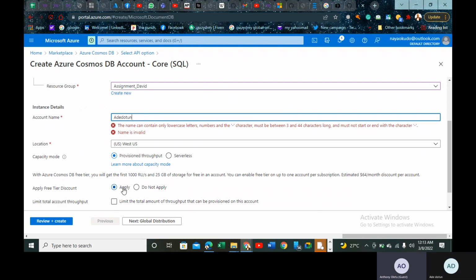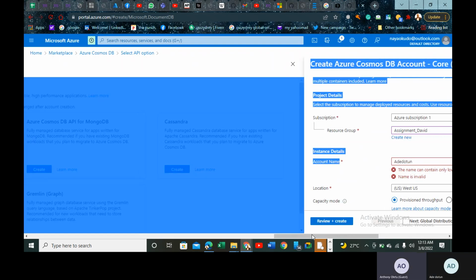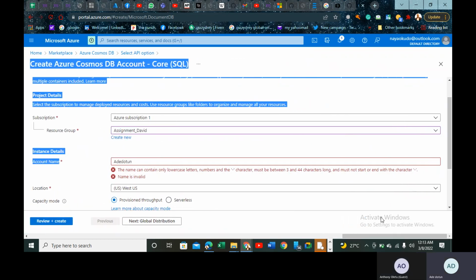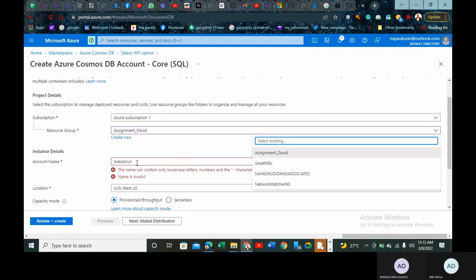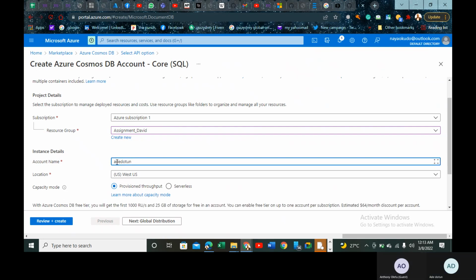The resource group. Yes, it is the one I've been using. No, that's the account name. Okay, continue. It says the name cannot contain that character. So that's the account name.